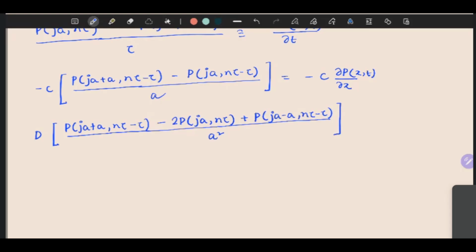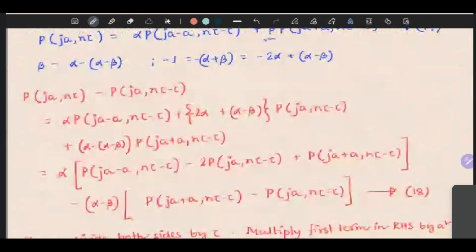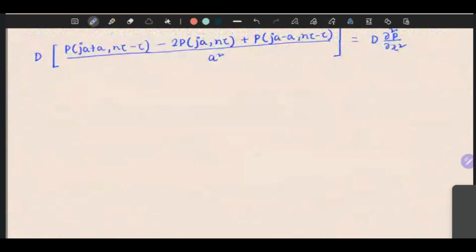So then it becomes d del 2p by del x2. So now using this thing in this equation you can easily write.